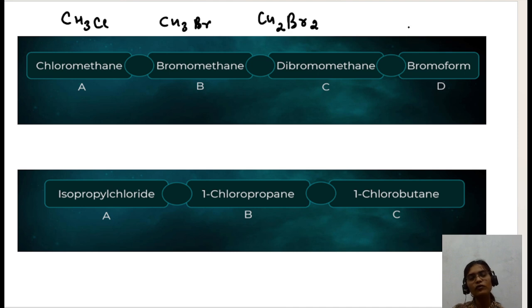Maybe you don't know the formula for bromoform, but at least we know what chloroform is, a very good anesthetic agent, you know very well the use of chloroform. So what is the meaning of bromoform? If you replace the chlorine with bromine, it is going to be CHBr3. I observed that you answered this like DCBA.